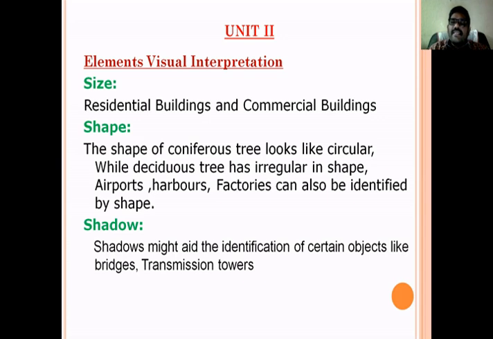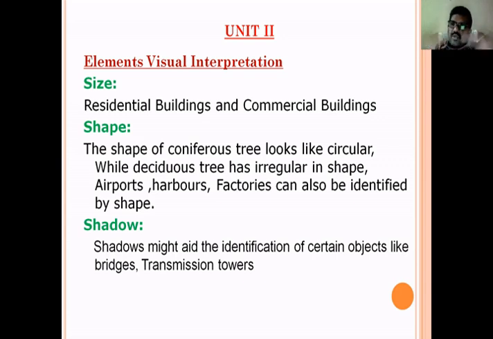In the same way, by seeing certain key elements, the interpreter can easily understand this is, or else this might be so and so. What are those elements? That's what we are going to discuss.